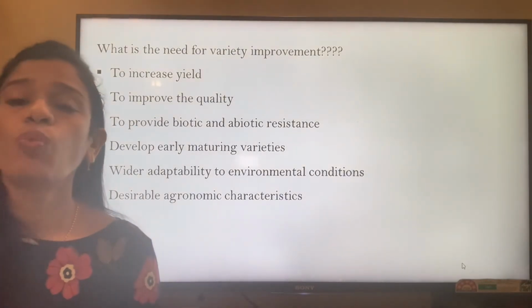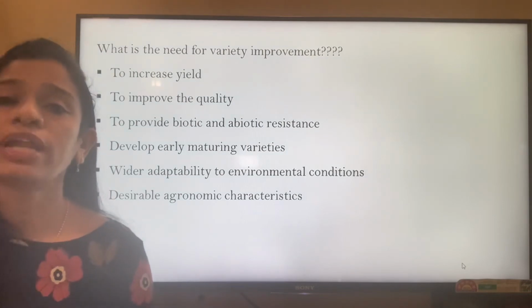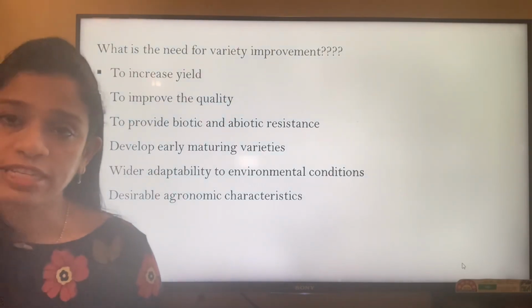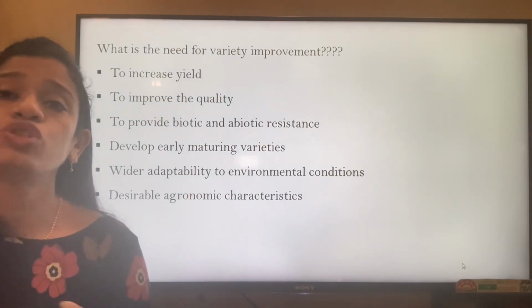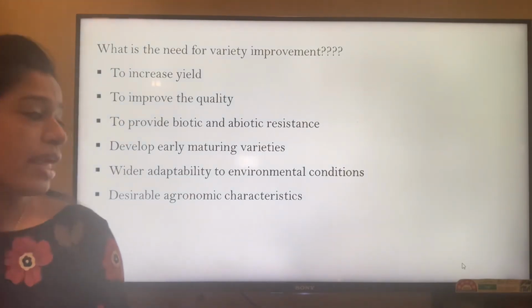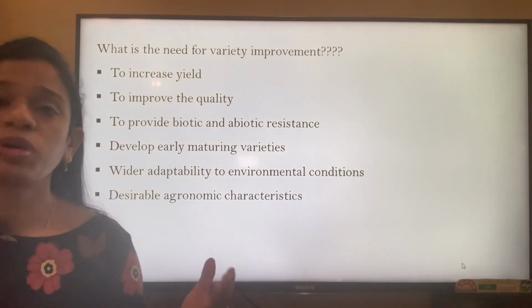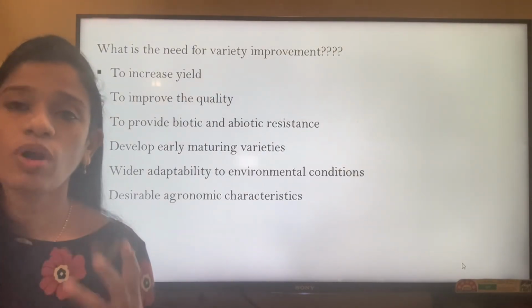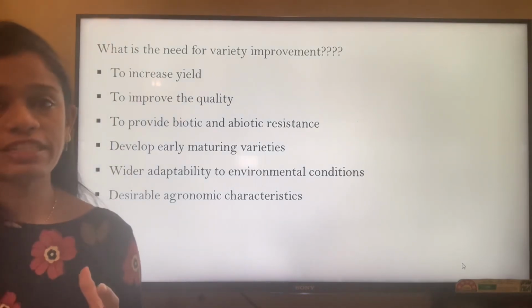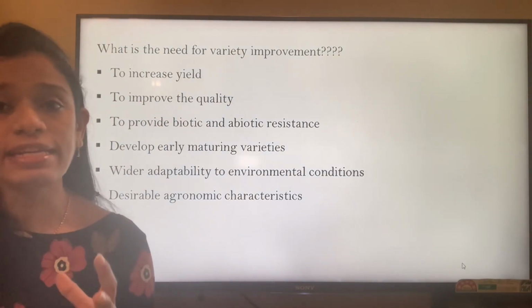It depends on what type of plant or what exactly the food product is that we are getting from the plant. Supposedly, sometimes we want that the plant should not grow very tall. That is an agronomic characteristic, because if the plant grows tall, it loses a lot of energy on vegetative growth rather than the yield.